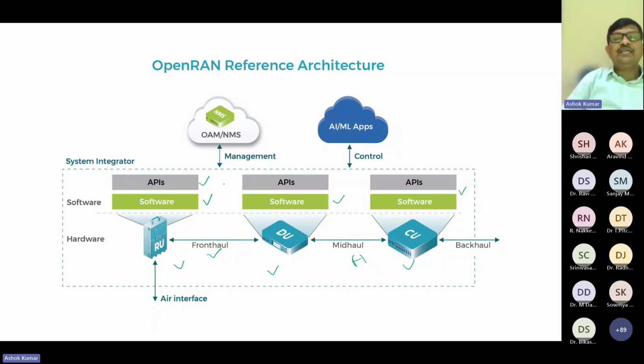And you have API connectivity towards NMS or MANO for management purposes, and also AI/ML apps, which we talked about, RIC. So this is the Open RAN reference architecture suggested by TIP, which is nothing but a common minimum standard taken from 3GPP and the O-RAN Alliance.